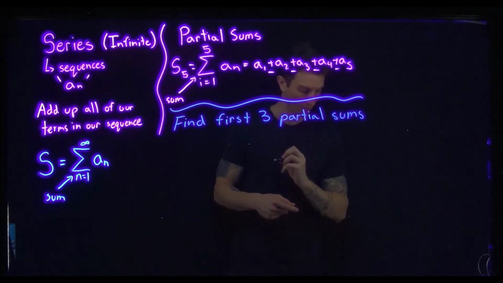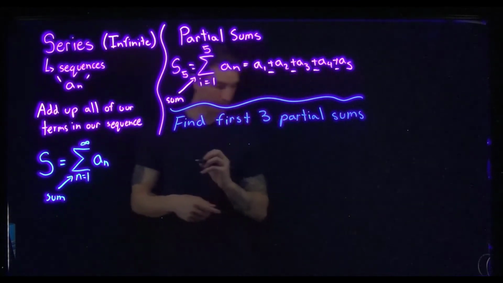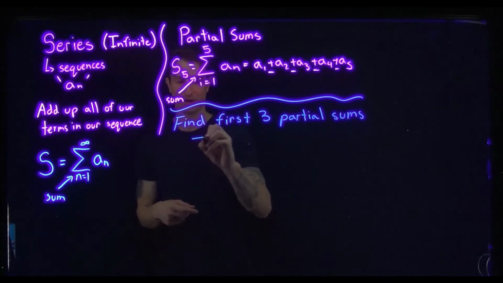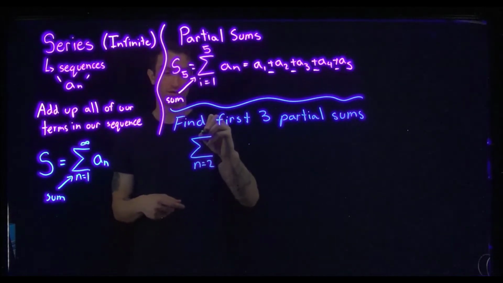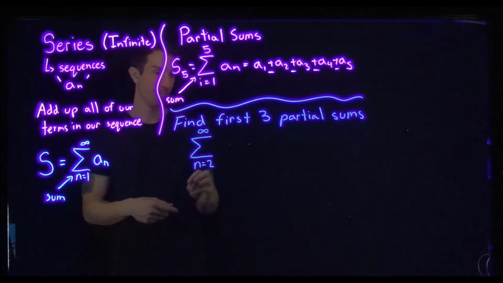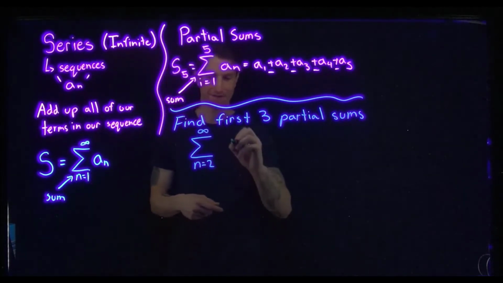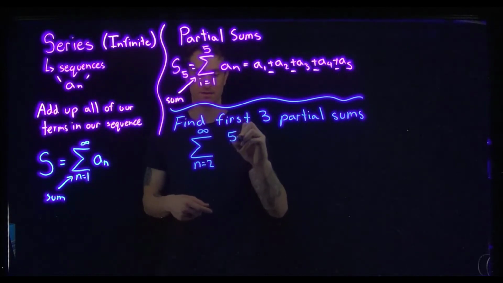So let's go ahead, we're going to do the series. We'll say the summation from n is equal to 2, right? So notice that it doesn't have to start at n is equal to 1 to infinity. And I have 5n over n plus 4, right? This is my sequence.